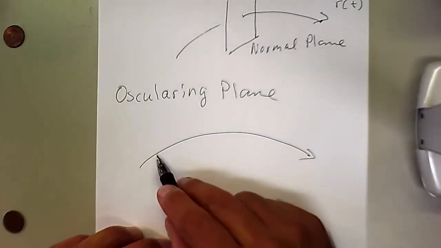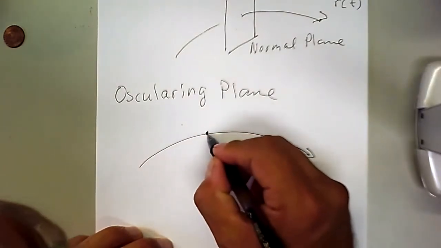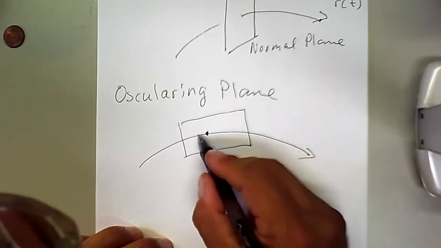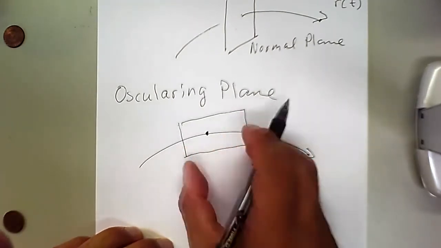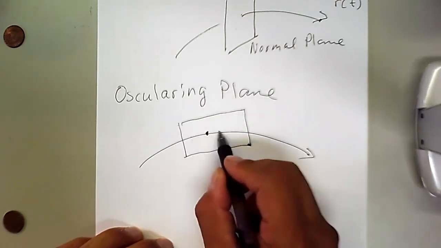However, given one point, if you fix one point, there's a plane at which, if the cut is small enough, the curve may seem like it is on a flat surface. You can always do that.